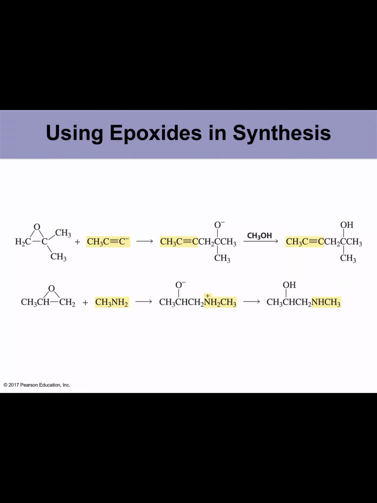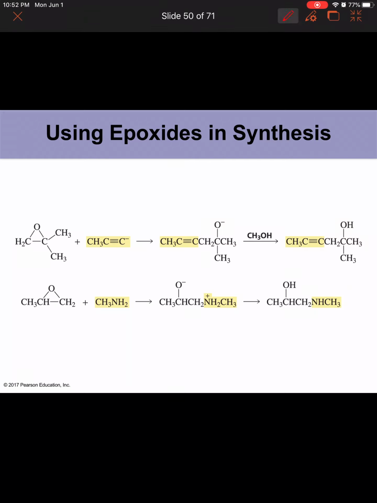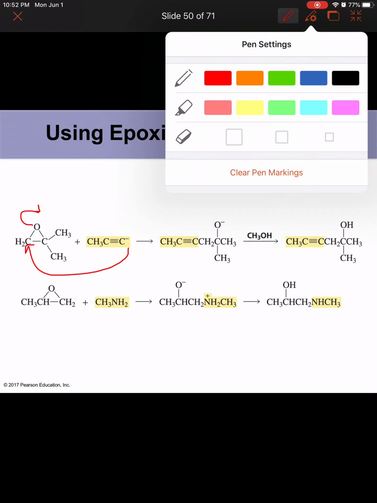These epoxides can be used in synthesis reactions. So this can act as a nucleophile. And since it's a nucleophile acting under basic condition, it attacks the less hindered carbon. And this carbon-oxygen bond will break. So this carbon goes and attacks, and the carbon-oxygen bond opens up.